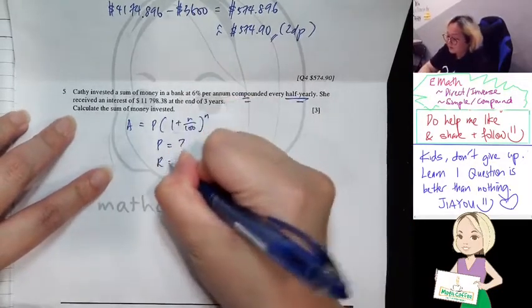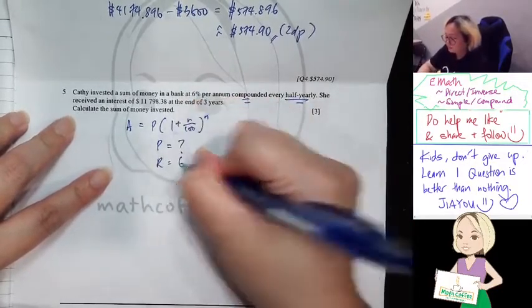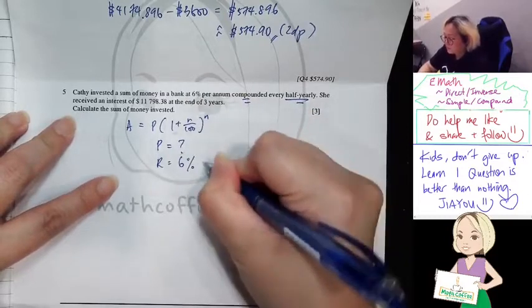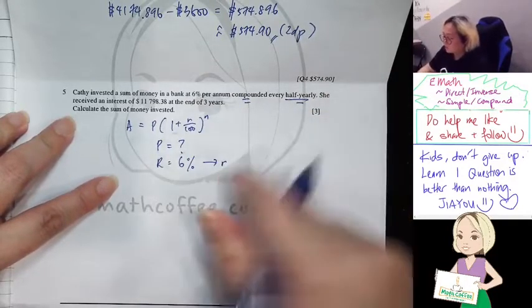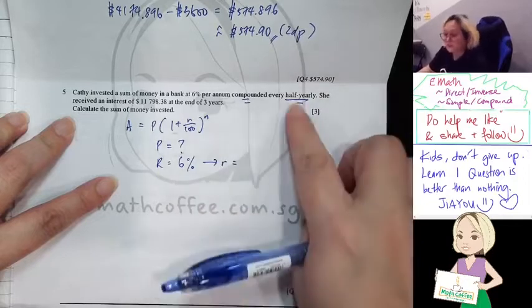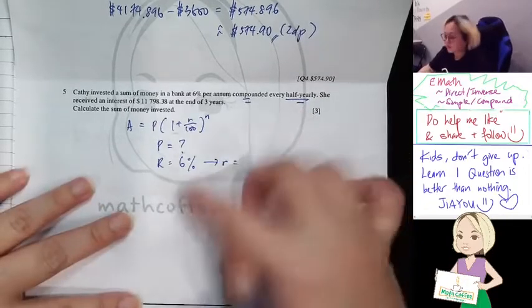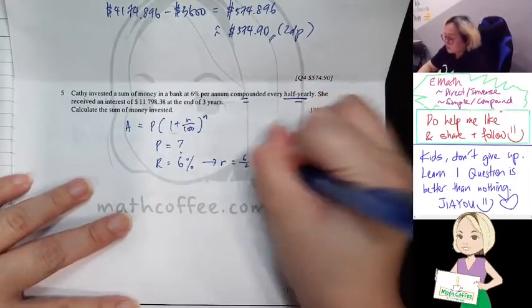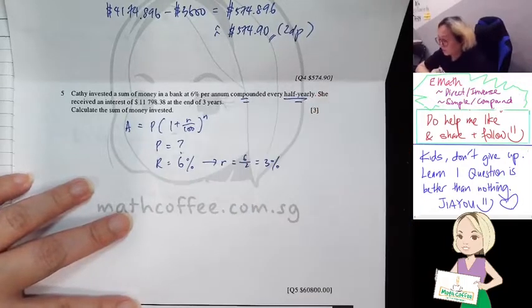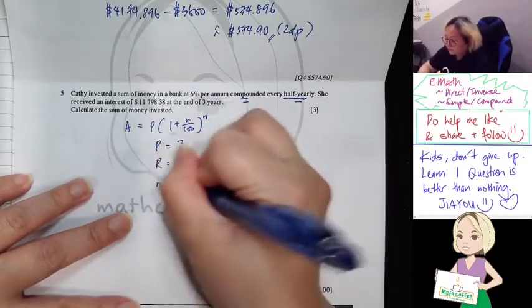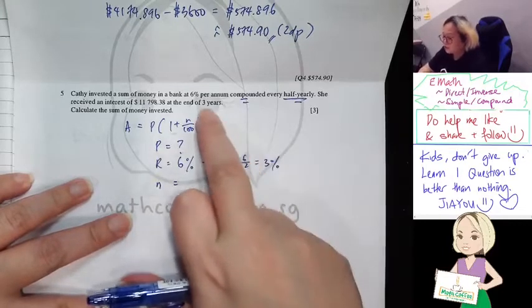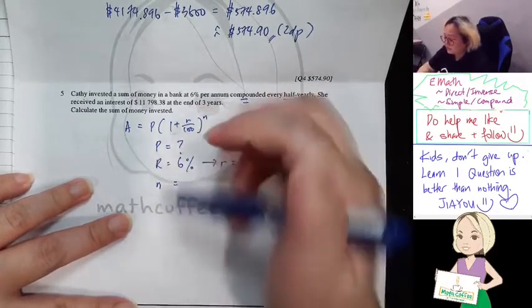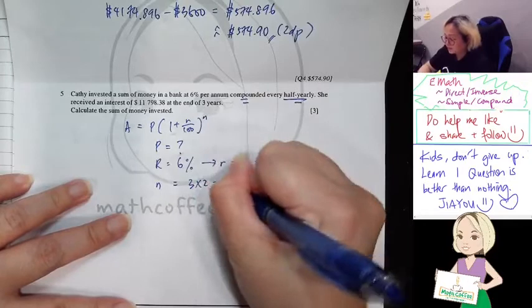My R given is 6% per annum. So I need to find my small r. For half yearly, I'm going to take 6 divided by 2 as well. So it is 3%. My n again is 3 years, 1 year 2 times, so 3 times 2 is 6 again.